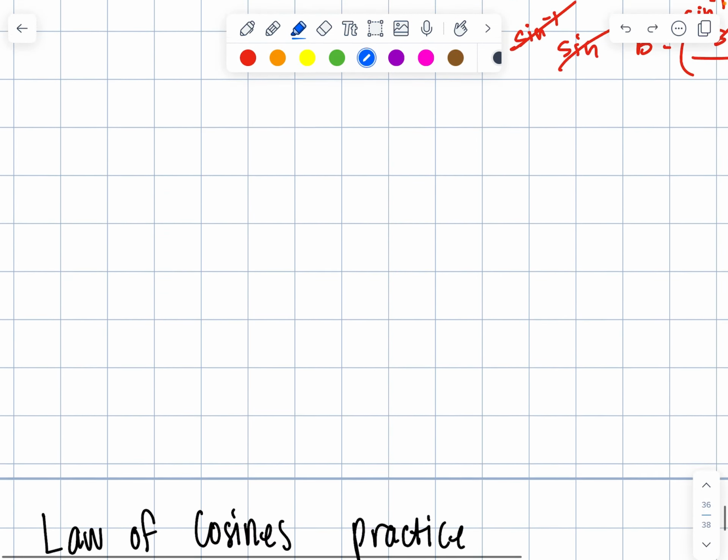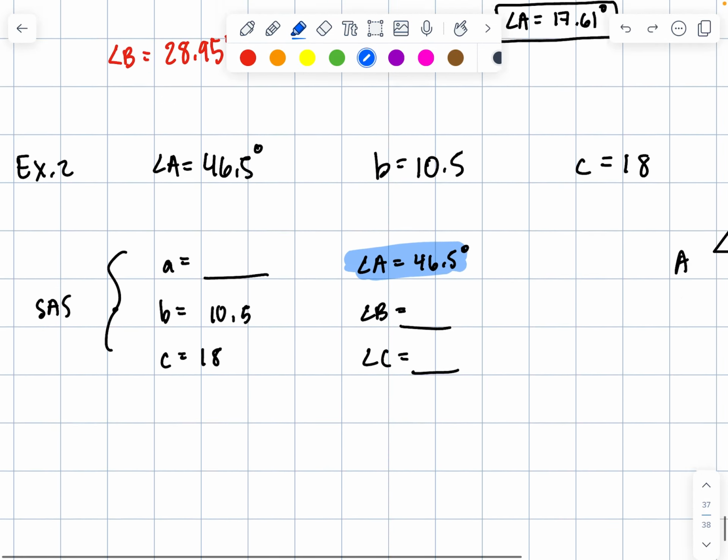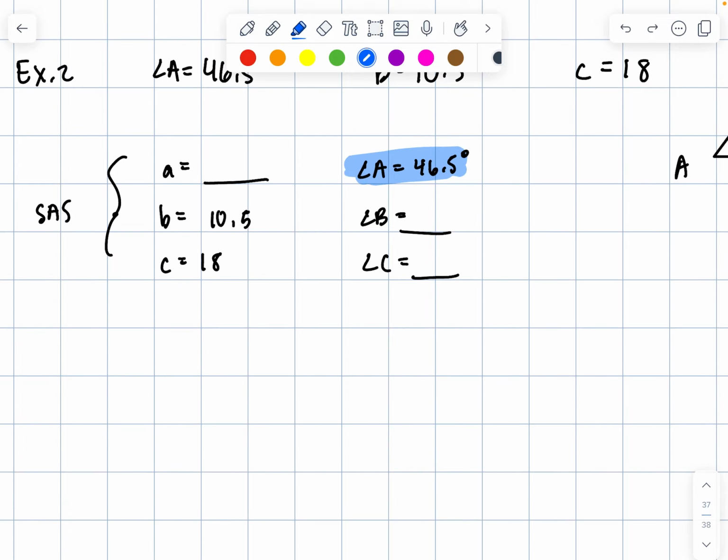You look for that angle, and you solve for it. So let's do it. We're going to have A squared is equal to B squared plus C squared minus 2BC times the cosine of angle A.